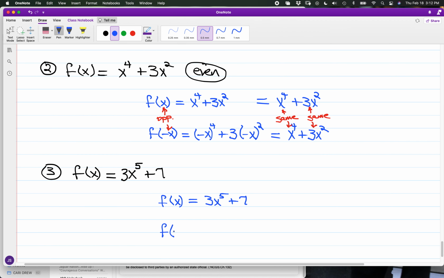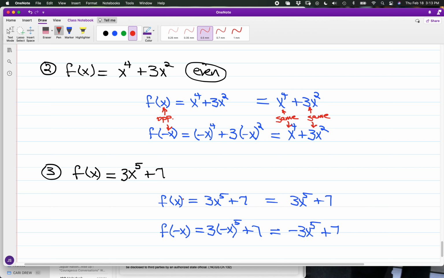Now for f of negative x, we have 3 times negative x to the fifth, followed by the addition of 7. Negative x to the fifth is minus x to the fifth, multiplying 3. So we have negative 3x to the fifth plus 7. Looking at how this compares with what we have given for f of x.